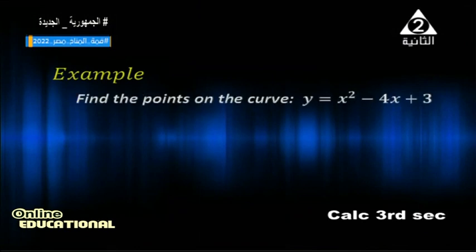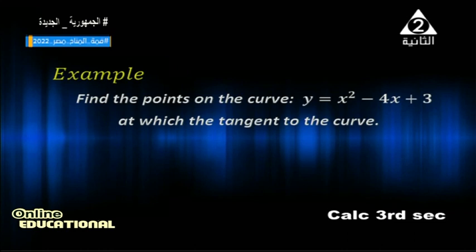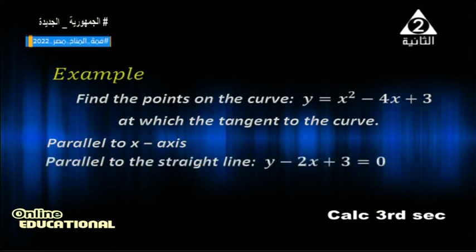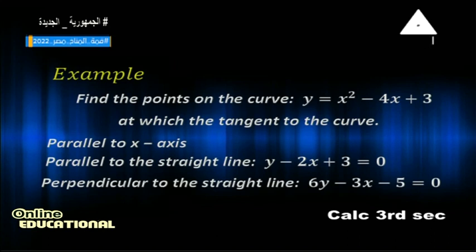Now we move to the next example. Find the points on the curve y equals x squared minus 4x plus 3 at which the tangent to the curve is, number 1, parallel to the x-axis, number 2, parallel to the straight line y minus 2x plus 3 equals 0, number 3, perpendicular to the straight line 6y minus 3x minus 5 equals 0.